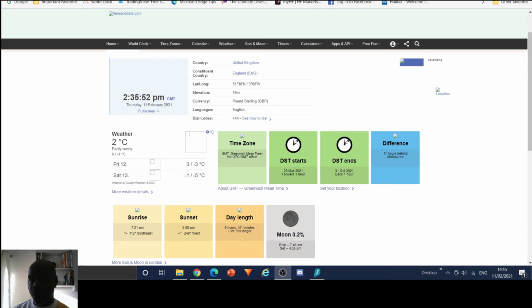Now, the biggest performing commodities in the Australian economy at the moment are iron ore and coal. They're two of the biggest commodities being exported by the Australian economy.